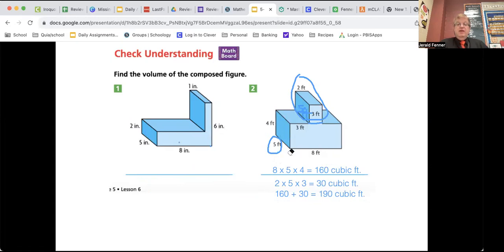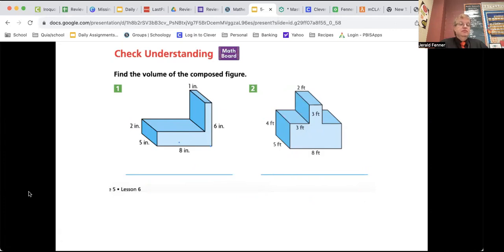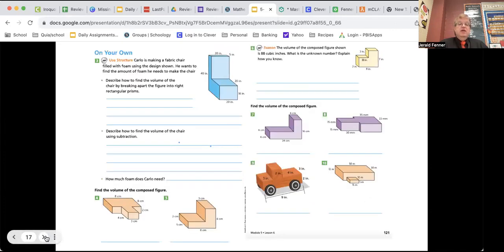Your assignment will be the next couple pages. Let me get rid of this. So you have the next couple pages, 120 and 121.